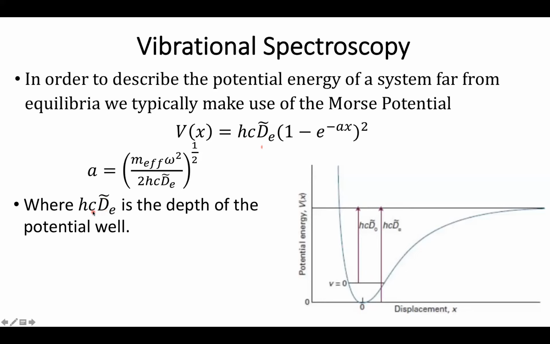So hc is simply a conversion from wave numbers to energy. And so really what this dE expression is going to give me is the depth of the electronic well. So what's the difference between the energy of the system as low as it can get versus the energy of the system when it's completely dissociated?